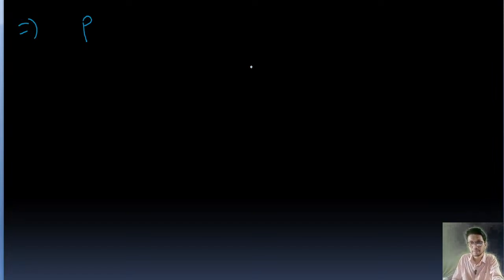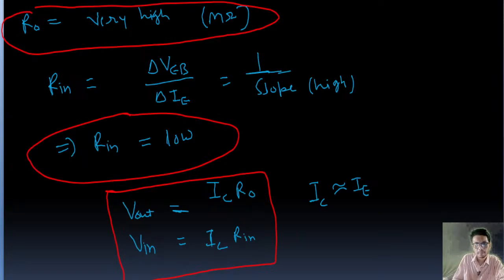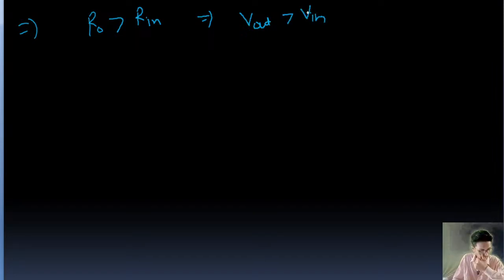Since R output is greater than R input, it implies V output is greater than V input.